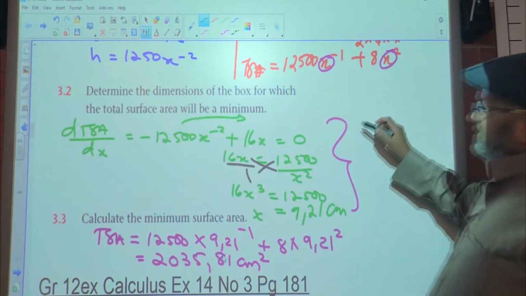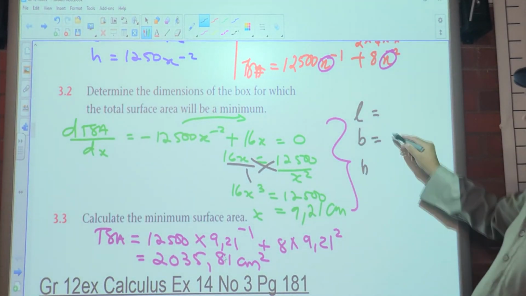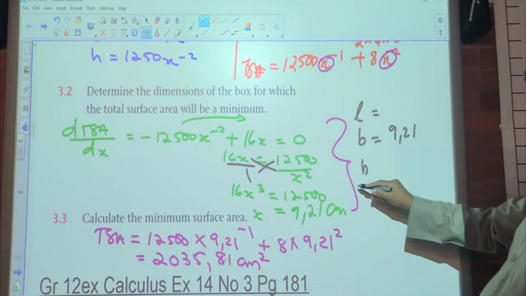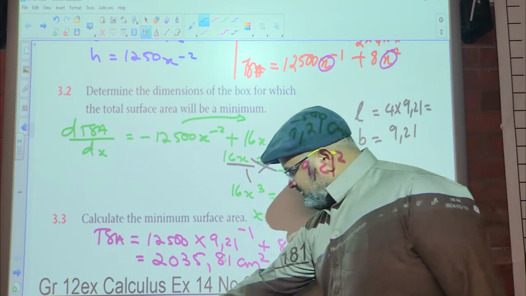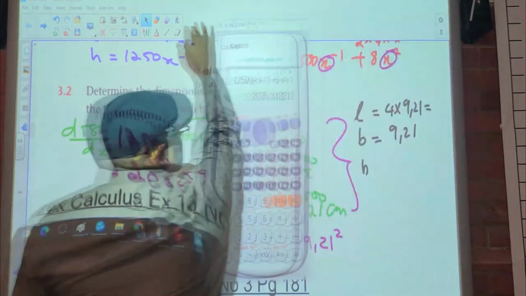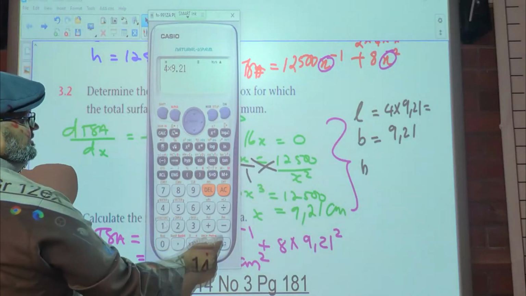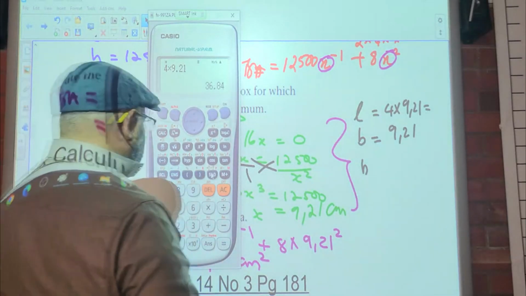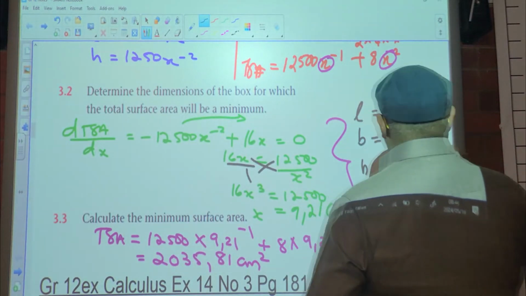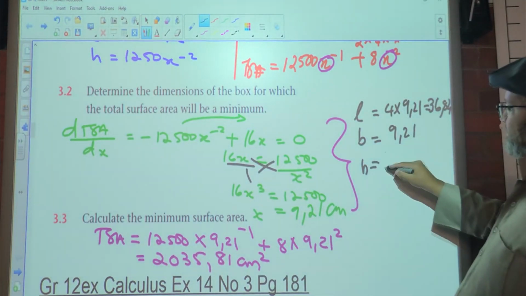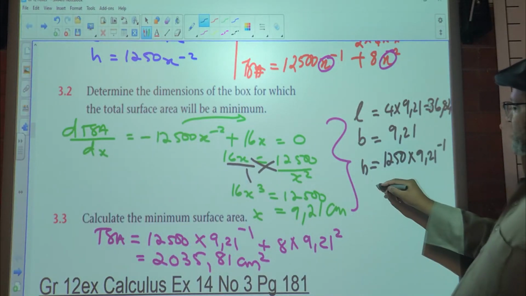Thank you. The question here was length, breadth and height, of course. The breadth was x, so the breadth is going to be 9,21. The length is 4 times 9,21. 4 times 9.21 is going to give you 36,84. And of course the height is going to be 1250 times 9,21 to the negative 2.